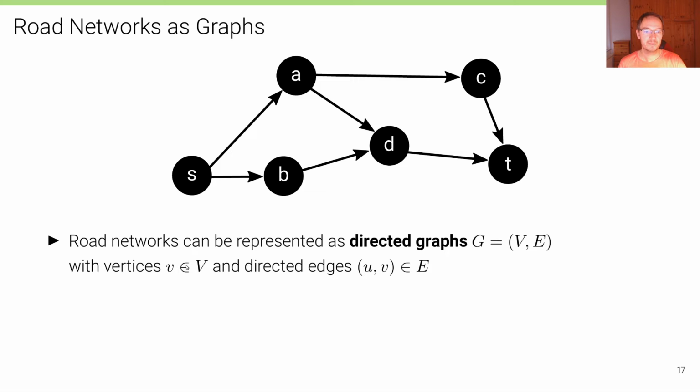And we write little v element of the vertex set if the vertex v is an element of this vertex set. And we can write a directed edge as the tuple (u, v), where both u and v are elements of the vertex set, and this tuple is an element of the edge set E if that directed edge from vertex u to vertex v is an element of that directed graph.